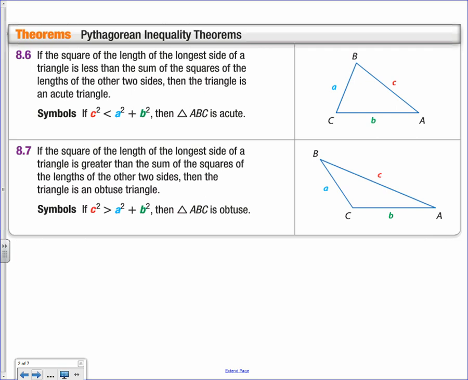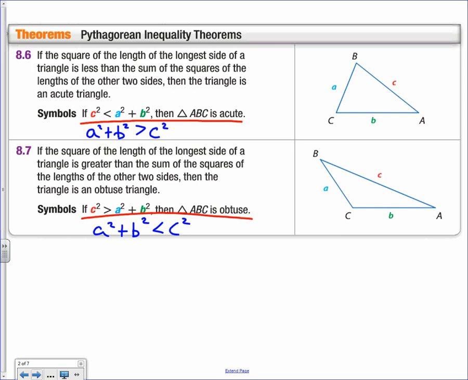Again, kind of like before, with these two statements, I will say, personally, I prefer, instead of c squared is less than a squared plus b squared, I do like a squared plus b squared is greater than c squared for acute, and a squared plus b squared is less than c squared for obtuse.